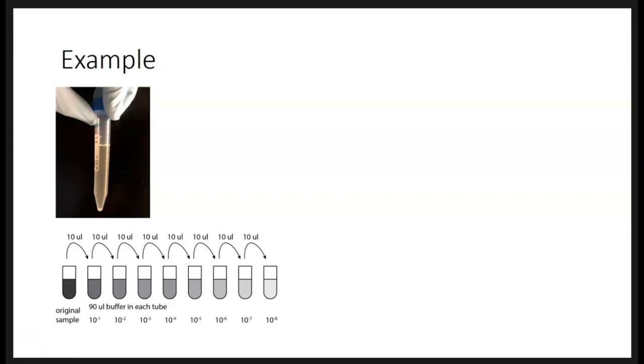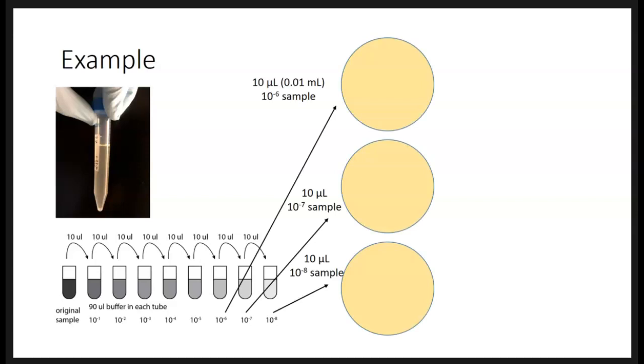We're going to dilute 10 to the minus 1, 10 to the minus 2, 10 to the minus 3, all the way down to 10 to the minus 8 by mixing 10 microliters of our sample with 90 microliters of buffer in each tube. We're then going to take 10 microliters, or 0.01 milliliters, and mix it with some host bacteria and spread it on a plate to do a plaque assay.